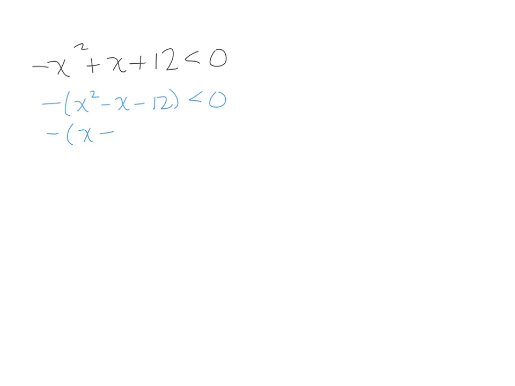So this is (x minus 4)(x plus 3). Oops, this is the related equation, so that's going to be equals 0. So the critical values are x equals 4 and x equals negative 3.